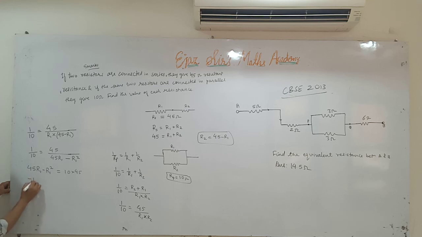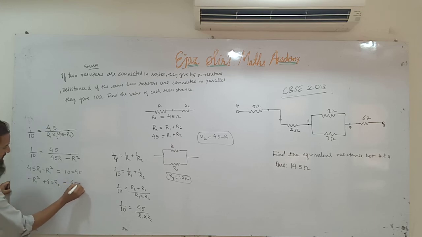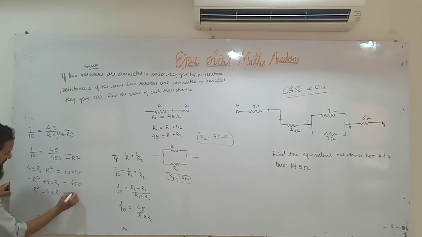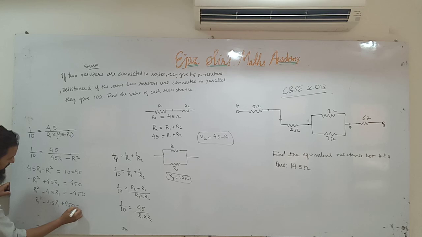So let us write minus R1 square plus 45 R1 is equal to 450. Multiply both sides by minus sign. It will become R1 square minus 45 R1 is equal to minus 450. And that will become R1 square minus 45 R1 plus 450 is equal to 0.